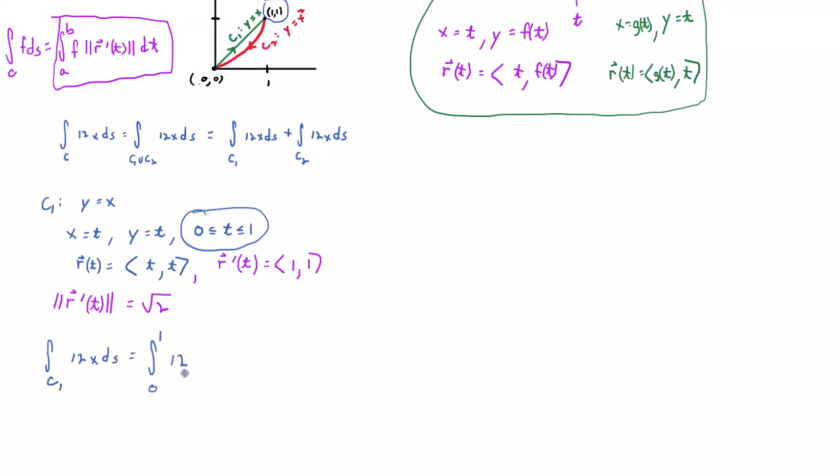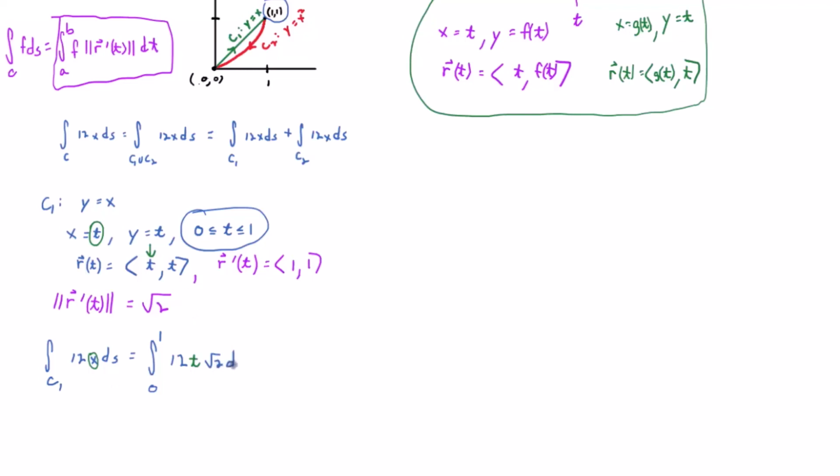You got to put it in terms of t. What is x? It's t. You could either look at the vector valued function version, x is t, or your parametric equation, x is t, either way. So for this x, you replace that with t. And then ds is the magnitude r prime of t dt, which is just root 2 dt.